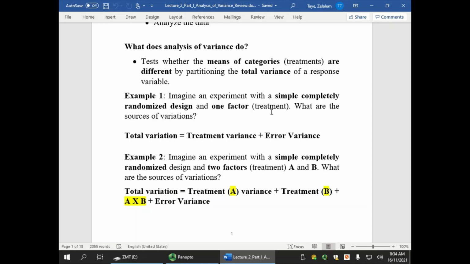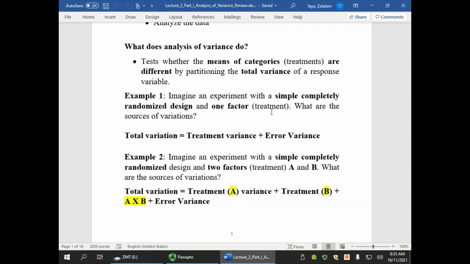In addition to that, there is a variation that comes from the experimental error. So when you have a completely randomized design, your sources of variation are two: the treatment effect and the error. When you add the two, you get the total variance for your response.